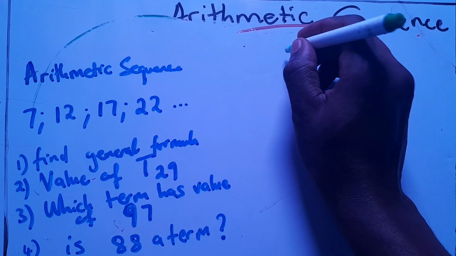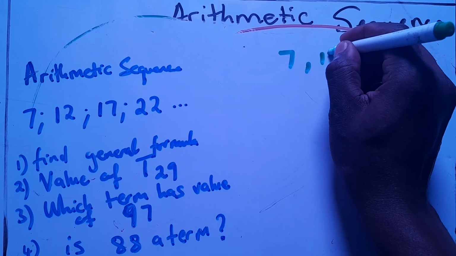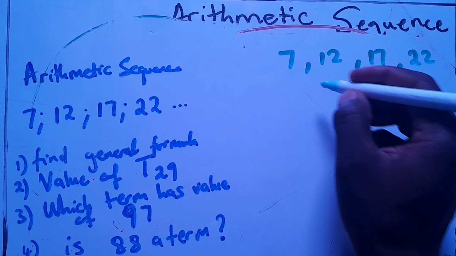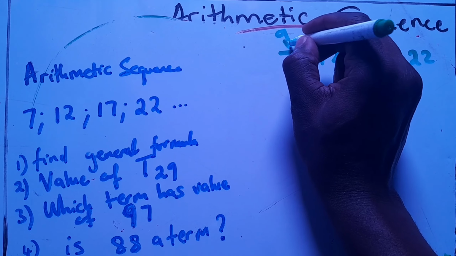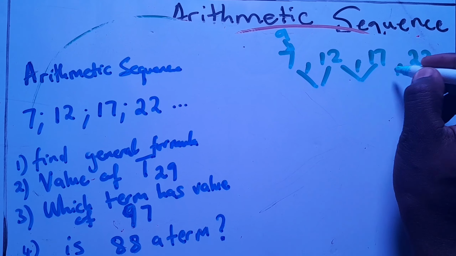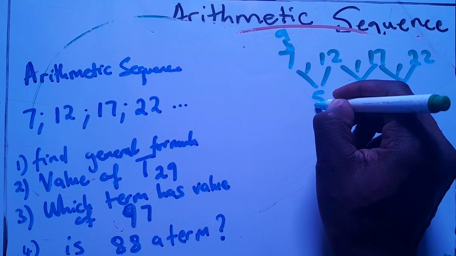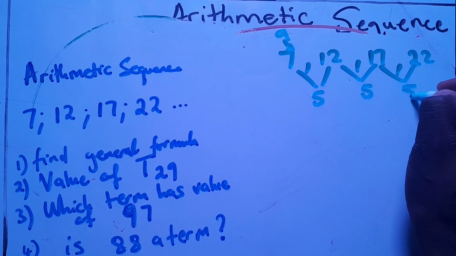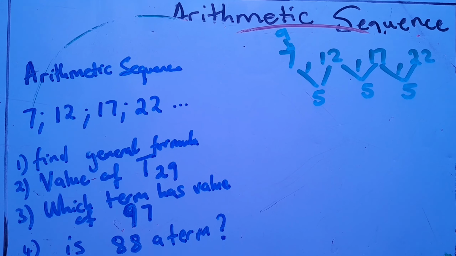So we're having this sequence that is saying 7, 12, 17 and 22. Our value of A is the first term, which is 7, and our common difference is 5. 12 minus 7 is 5, 17 minus 12 is 5, and 22 minus 17 is 5.